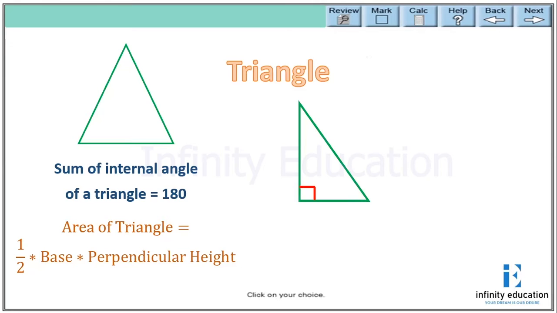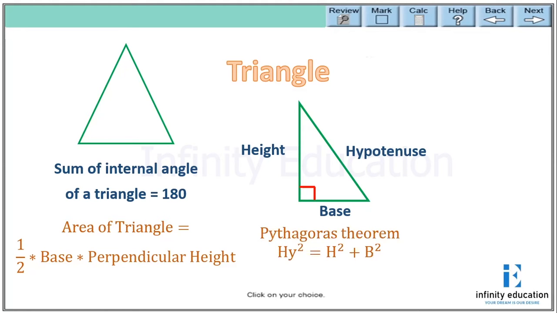So whenever you are having a right angle triangle, you can utilize the Pythagorean theorem, and before utilizing the Pythagorean theorem, you should know what the edges of the triangle are. The side opposite the 90 degree or right angle is called the hypotenuse, and the other two sides are called the height and base. So the Pythagorean theorem equals hypotenuse square equals height square plus base square.